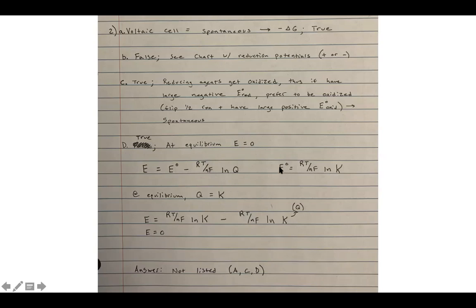If we plug this equation for E naught into our Nernst equation, we'll see that we have some numbers minus itself. It doesn't matter what these numbers are, you're taking some number and subtracting itself from it. Therefore, E will always be 0 at equilibrium.